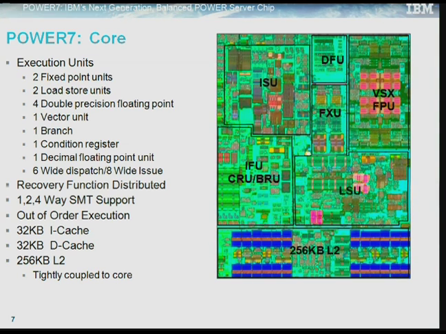In Power 7, we took advantage of the out-of-order execution to switch from a dedicated recovery unit to a distributed one using the branch and redirect capability of the out-of-order machine. Looking at the cache hierarchy, you can see the 32K byte I cache in the instruction fetch unit, the 32K byte data cache in the load store unit, each being serviced by a tightly coupled 256K byte L2 cache.